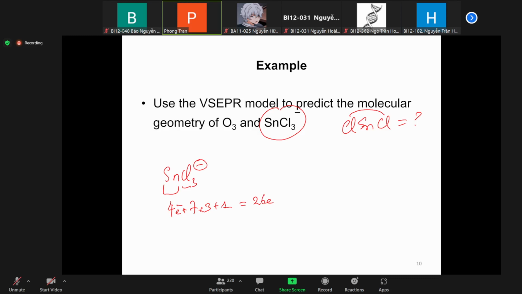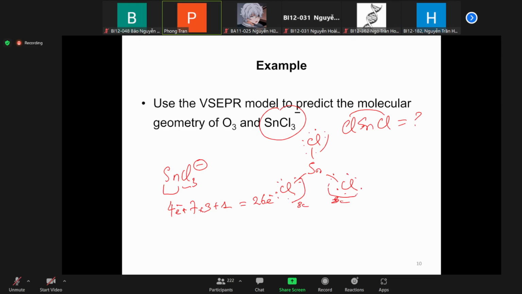You put Sn in the center and the chlorides around it, and draw the single bonds, and then you will have it like this. So now you have 8 electrons here, 8 electrons here, and 8 electrons here.